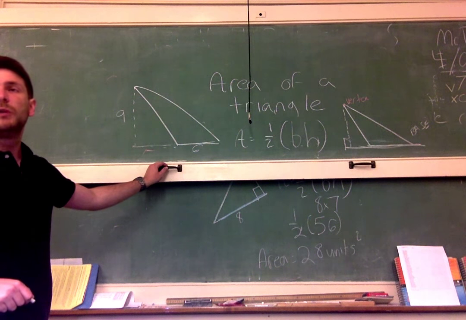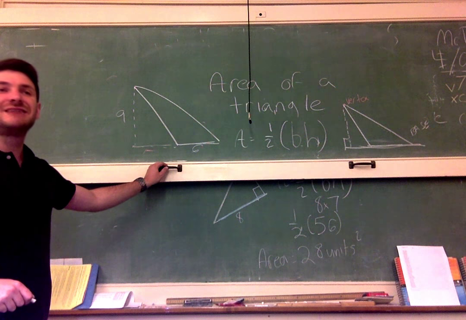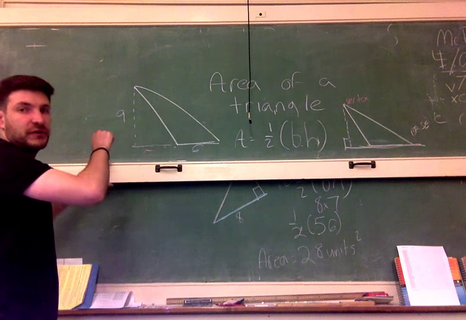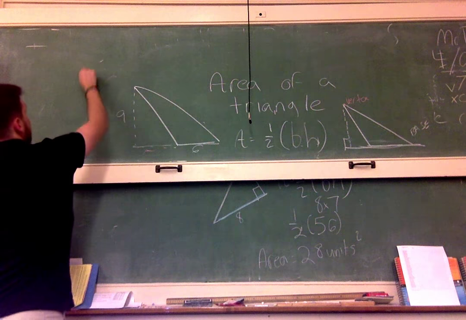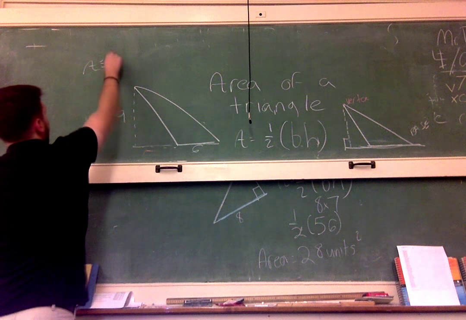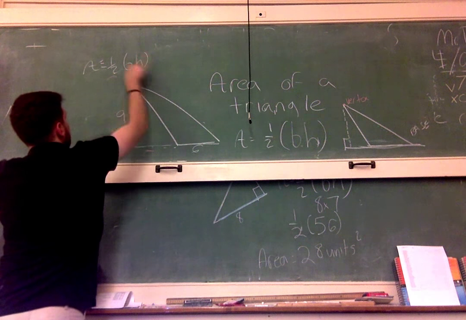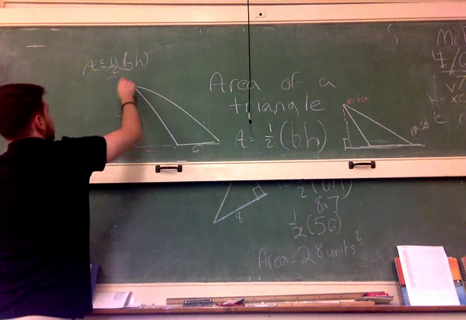So, when we look at 9 times 6, which is what we want, we'll do our area formula. 1/2 base times height. I apologize, it looks like a 6.